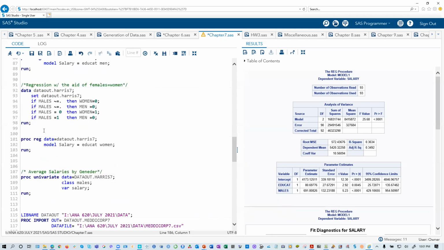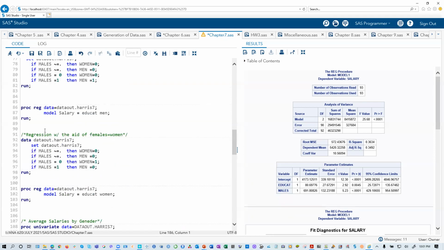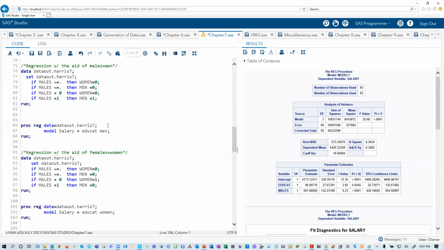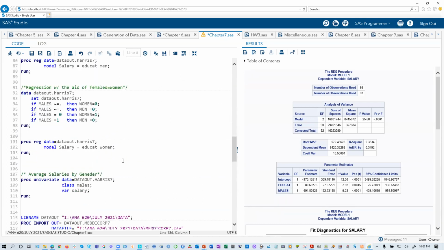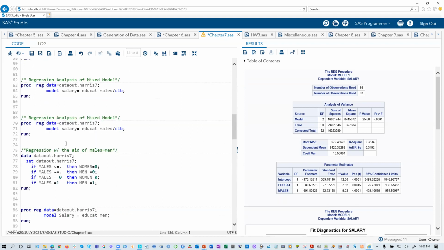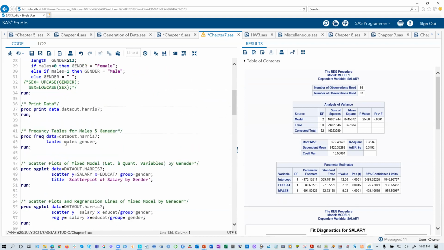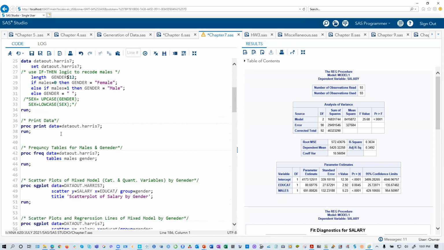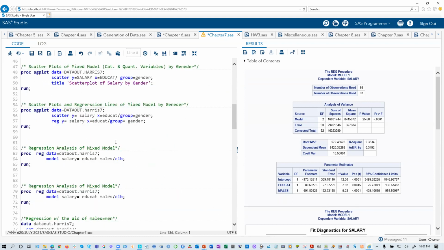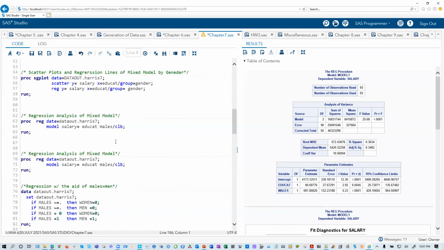Here, education and men. Education men. This 101 for female men, with respect to that one you can write it. For that, gender, scatter plot, regression analysis of that one.